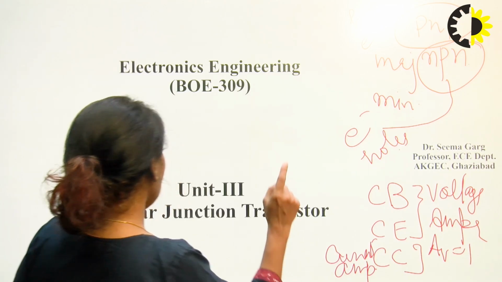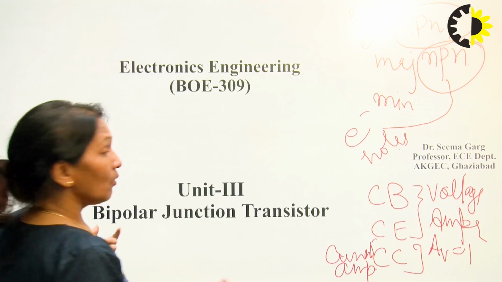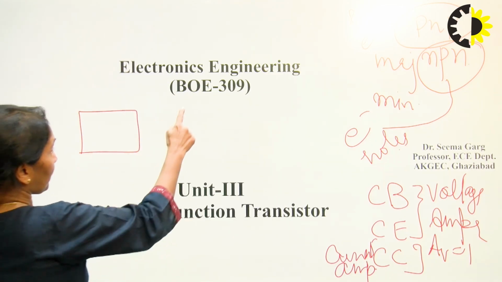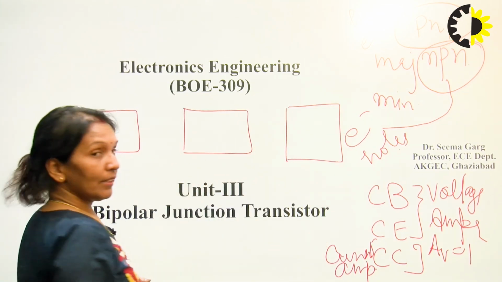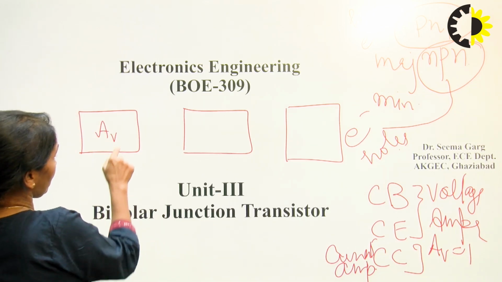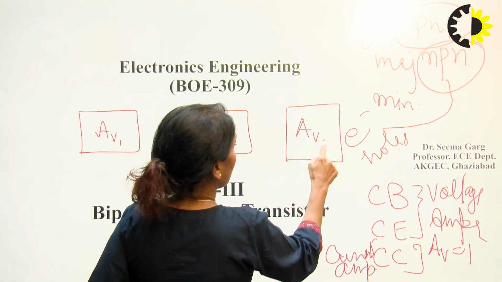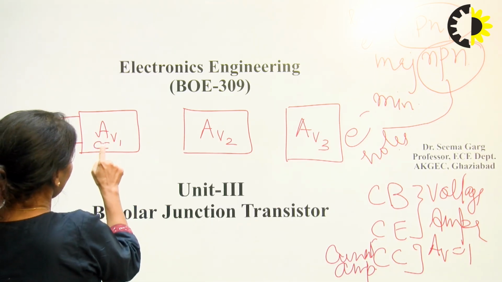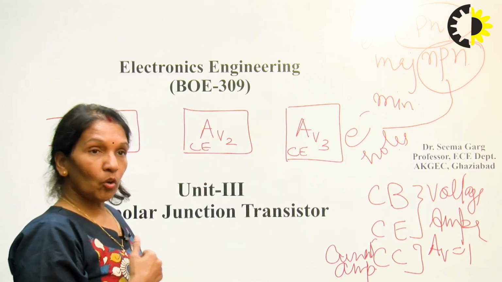Let us understand what we mean by an impedance matching device for the multi-stage amplifier. Suppose we have some voltage amplifiers; these are all common emitter amplifiers.